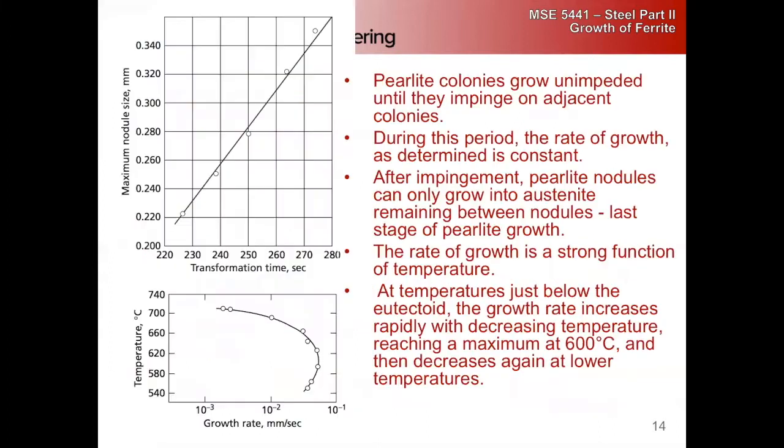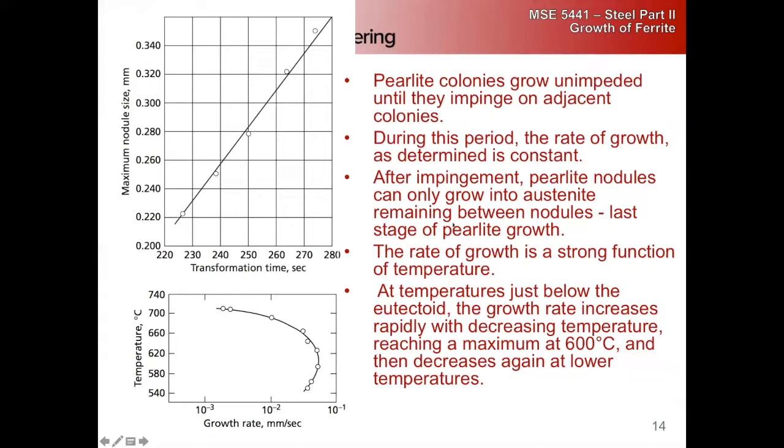Okay, so on to the question that you were asking, right? So these pearlite colonies are going to grow unimpeded until they impinge on adjacent colonies, right? So during this time until impingement, the growth rate is going to be relatively constant, right?